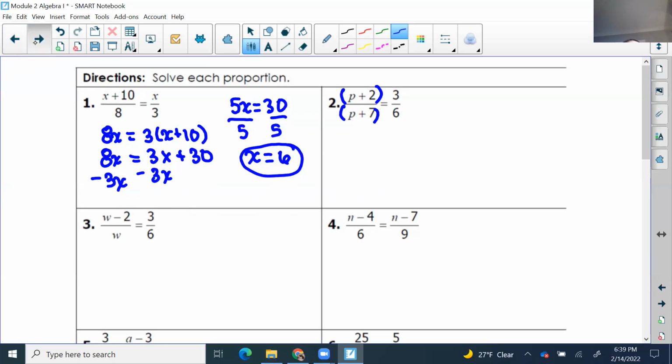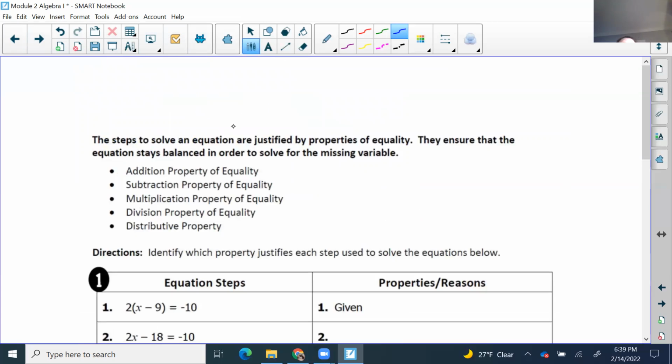Okay, yeah, so these are not too bad. So algebraic proofs, actually, you're going to be really glad that you see these because you actually do them in geometry as well. It's the beginning of the proofs, and everybody always dreads proofs, and they're really not that bad. If you know how to solve an equation, then you know how to do an algebraic proof.